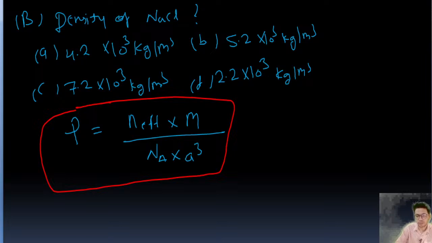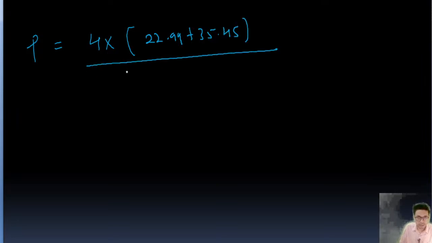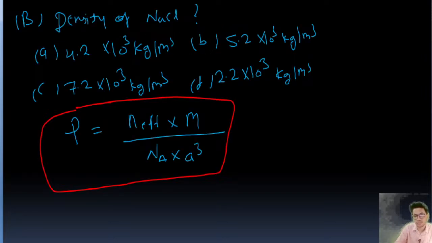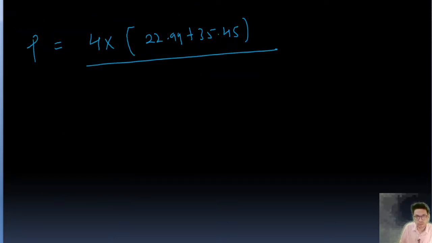So this is going to be 4 into mass of Na, 22.99, plus 35.45, upon Avogadro number Na, which we know is 6.02 into 10 to the power 23, into A cube.